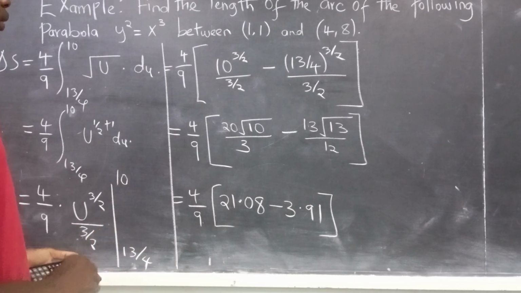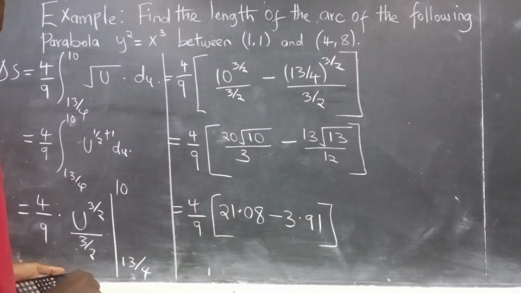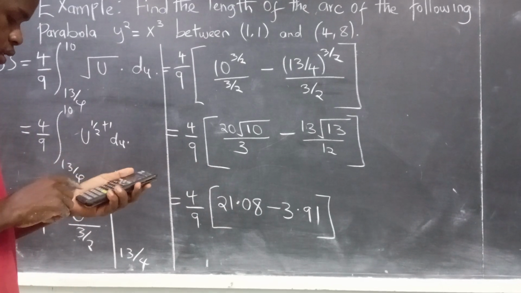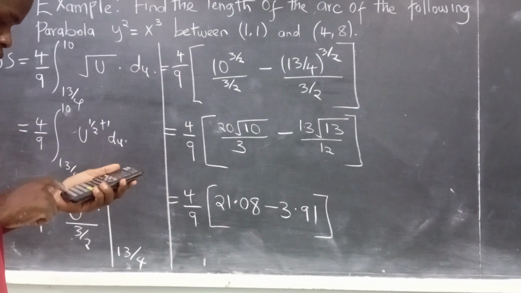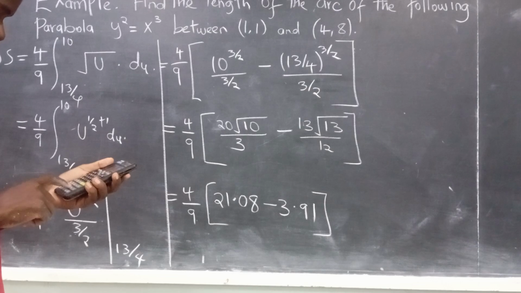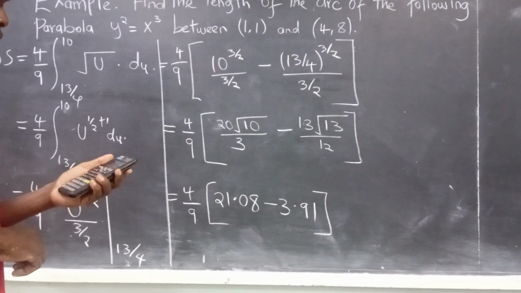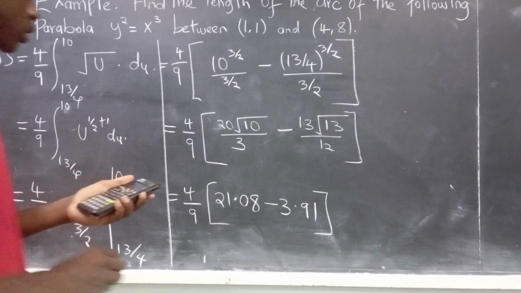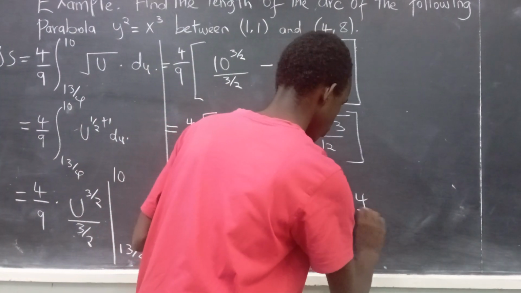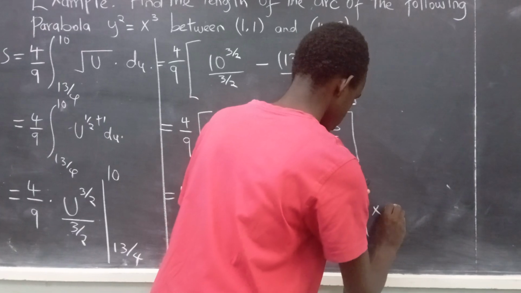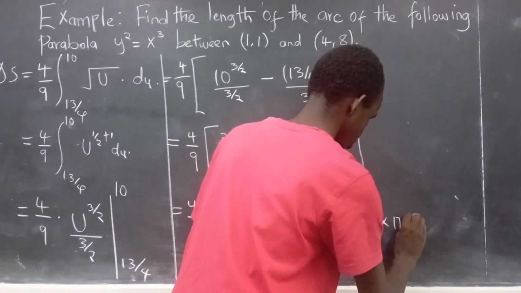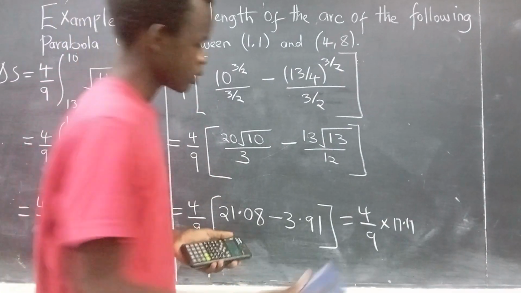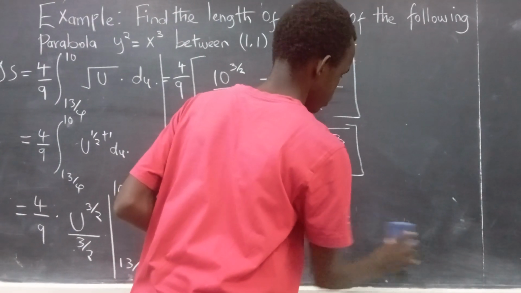So my final answer will be 21.08 minus 3.91, and I'll get 17.17. So this is the same as 4/9 multiplied by 17.17. I'll get my final answer.